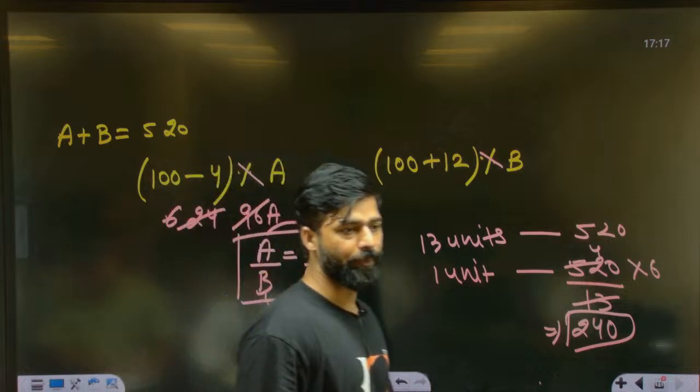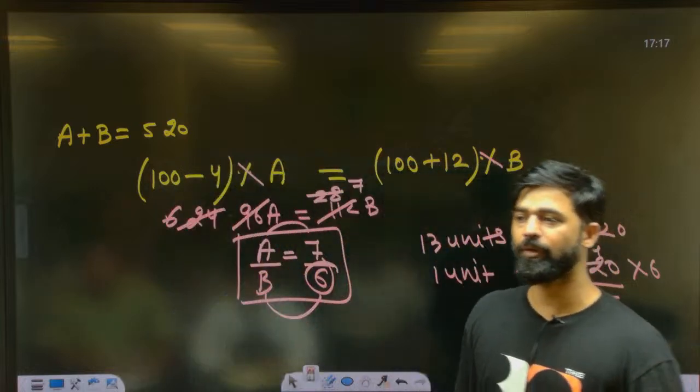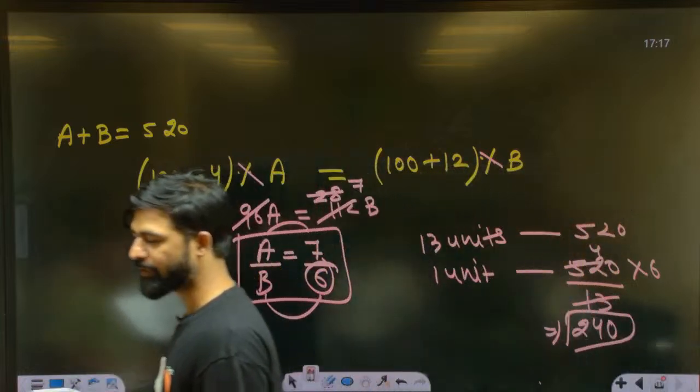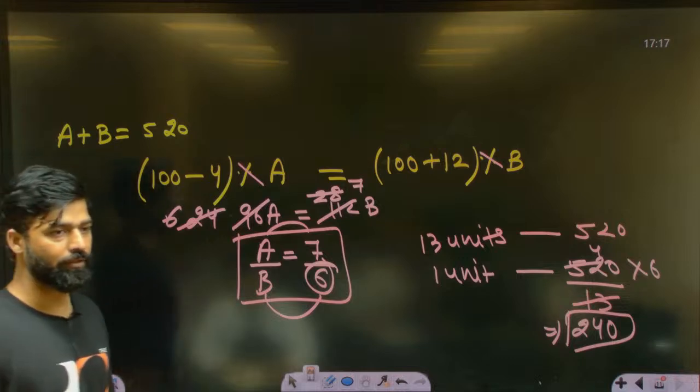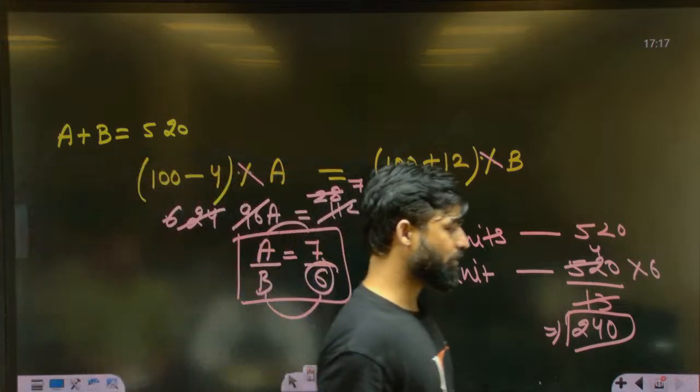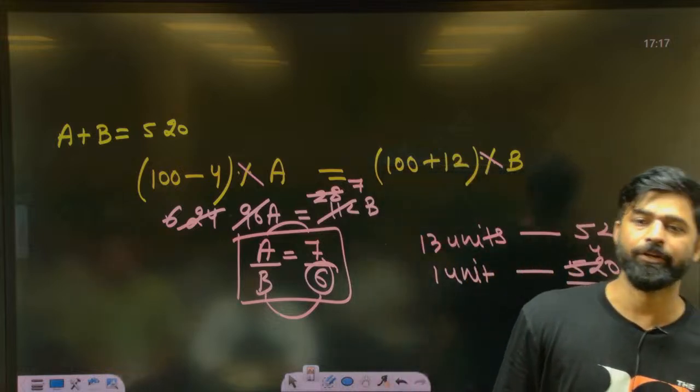So our next topic is income, expenditure. Make the heading income, expenditure and savings. This is our next topic. And make a star on it because this topic is one of the important topics.